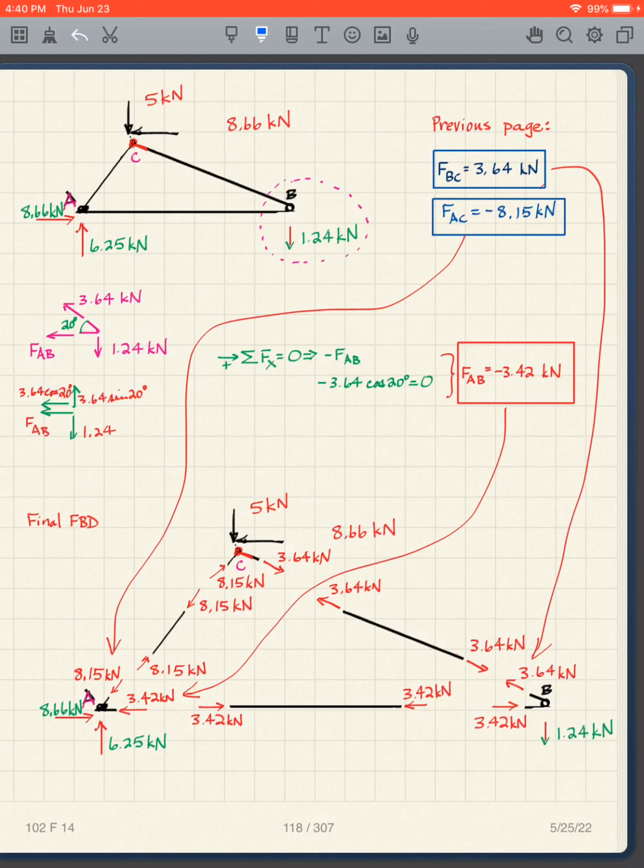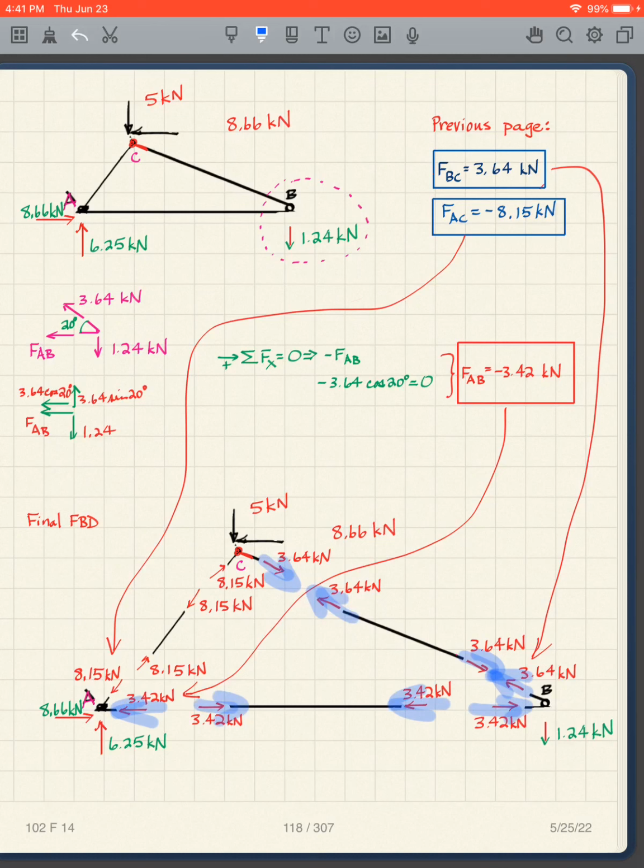So, like I say, 3.64 this way, 3.64 this way, that way, everything's got to be equal and opposite. And then this is 3.42 there. It's got to be 3.42 there, which is 3.42 there, like that.